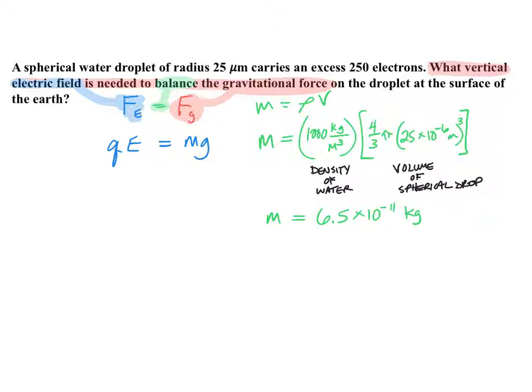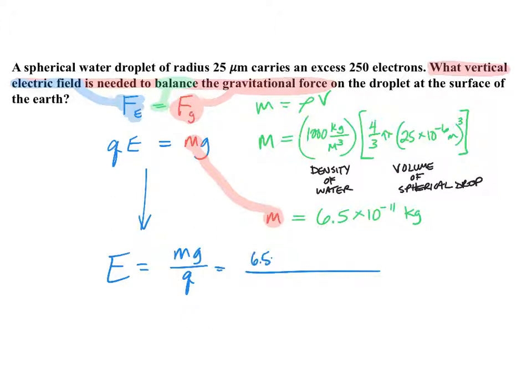So now I know what that needs to be. We wanted to know what vertical electric field is necessary. So that means I solve this for E, which is going to be mg per q. So my m is what we just found. Little g hasn't changed, it's still 9.8 newtons per kilogram.